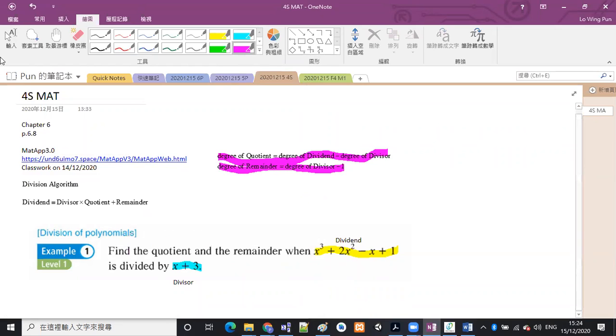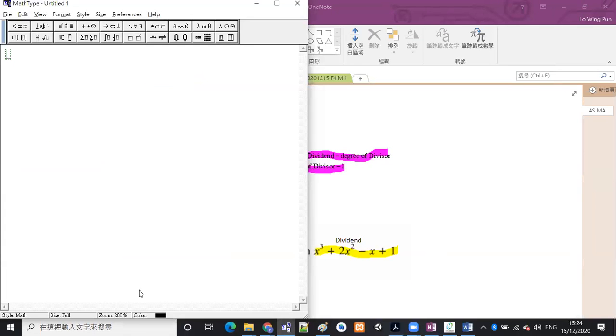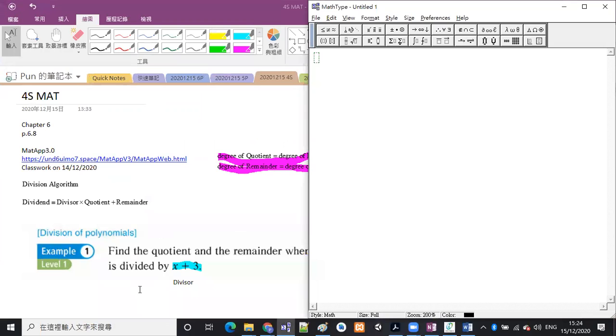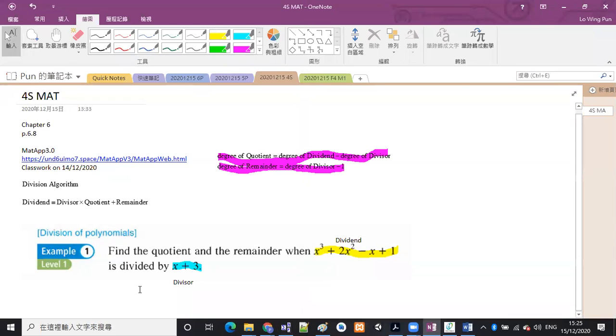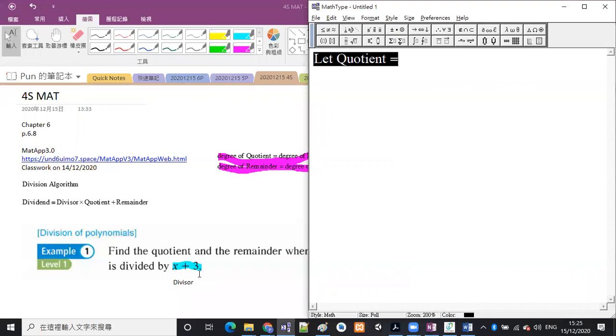OK, 好啦，咁我哋就識得點樣 let 嘢咯。OK, so we are going to let the quotient be... 因為 degree of quotient 就係 degree of dividend minus degree of divisor。Degree of dividend is equal to 3, right?